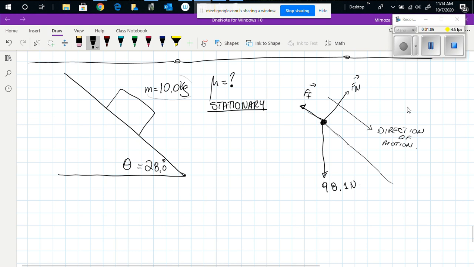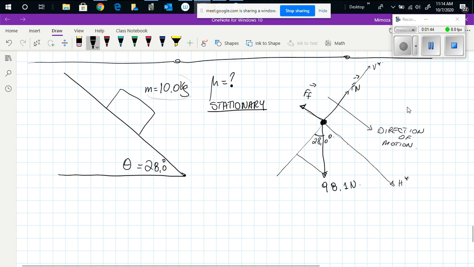And just so that we are doing the horizontal and vertical components of the forces, we are assigning the new horizontal and vertical axes along the natural direction of the motion that the object will move, and the angle between the extension of the vertical axis and the force of gravity will be the same as the angle of the incline.